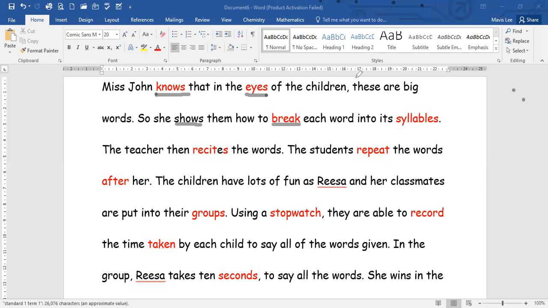We're looking at the difficult words first, like nose, eyes, shows, break, and let's look at this word here. This is an important word, so we're gonna underline. Now this I is giving an I sound. And we have A-B-L, able.